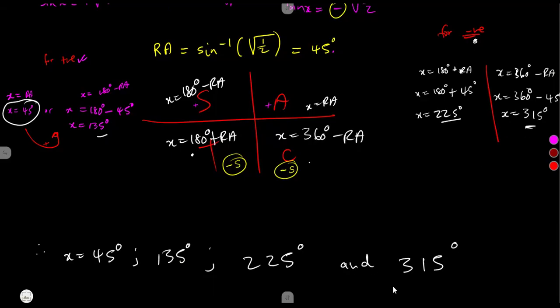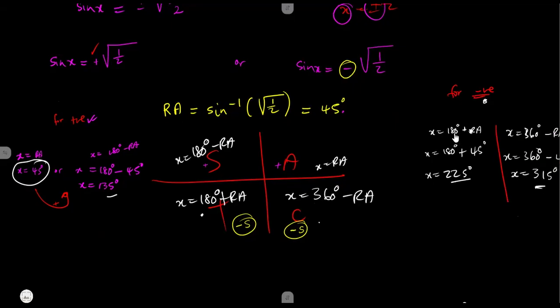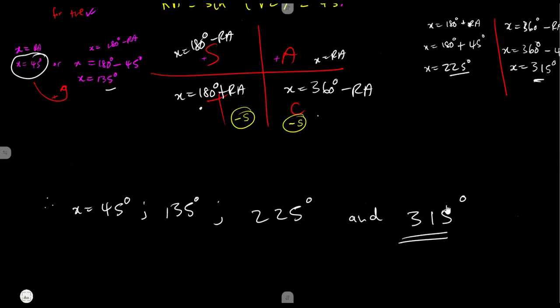These are the possible values of x for the interval that we are given. We worked with a positive condition, with two answers, and a negative condition, with two answers, but they must be combined together, and these are our x values. So do revise as many questions as you can as you are preparing yourselves for the exams which are ahead.